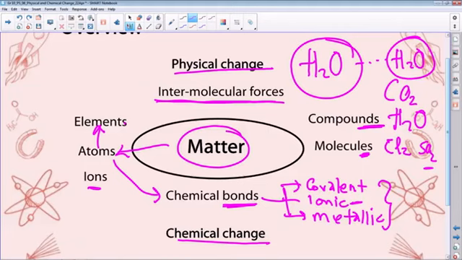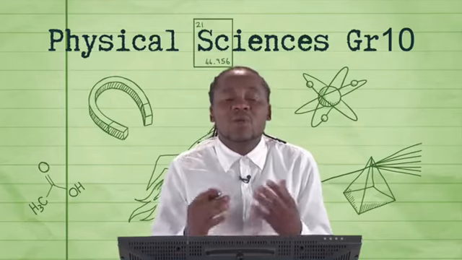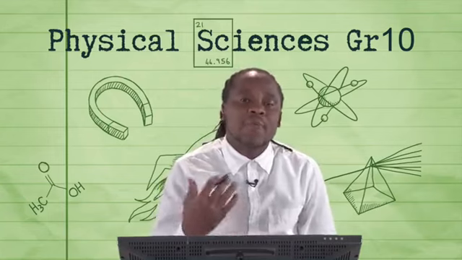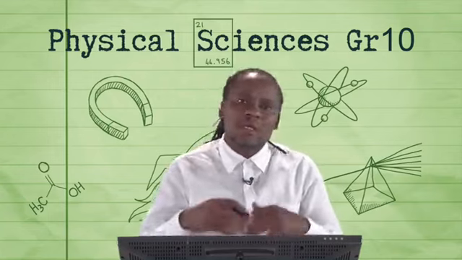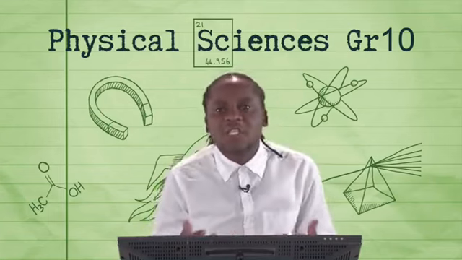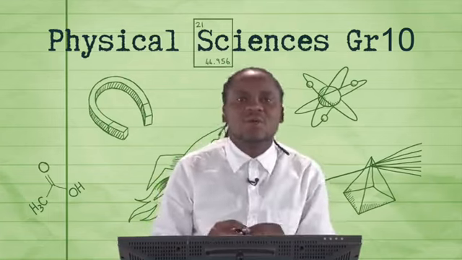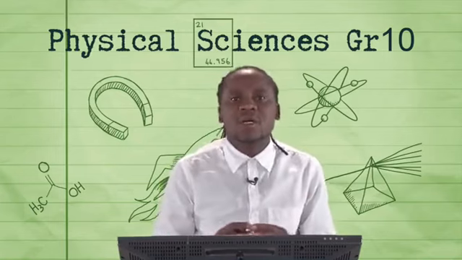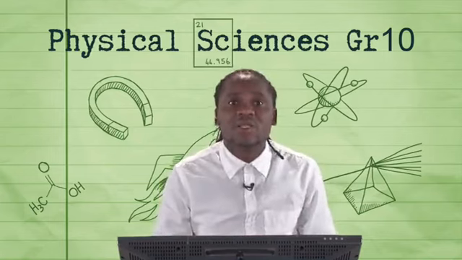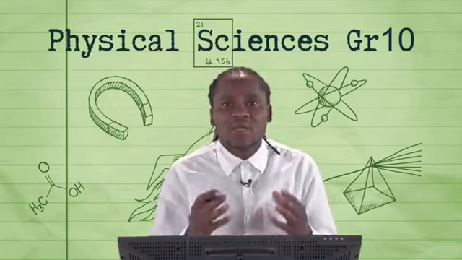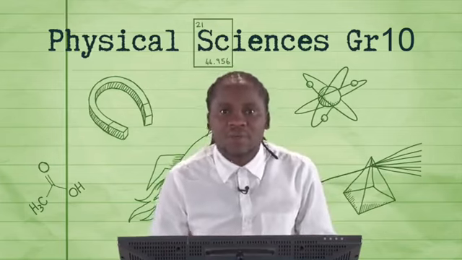So the broader sense is that physical and chemical change have to do with how matter behaves under different conditions of energy. Two things may happen: you can either have a physical change or a chemical change, which is what is of interest to us in today's session. Let's quickly look at the key concepts without any waste of time.